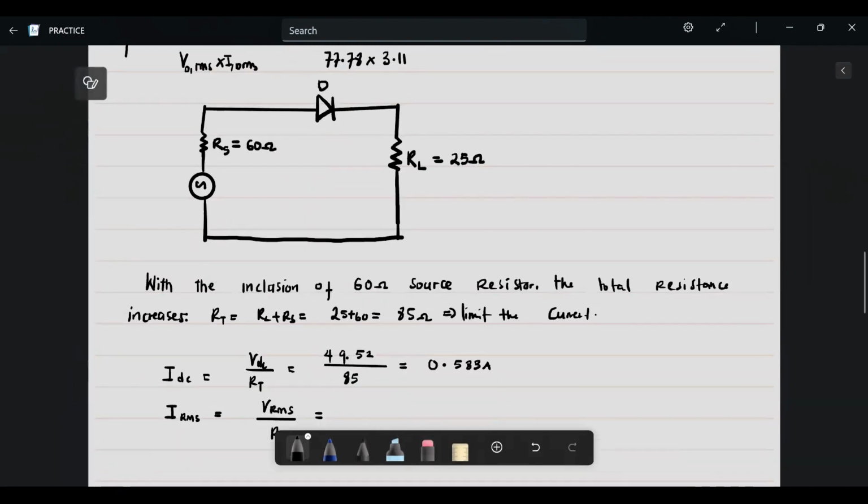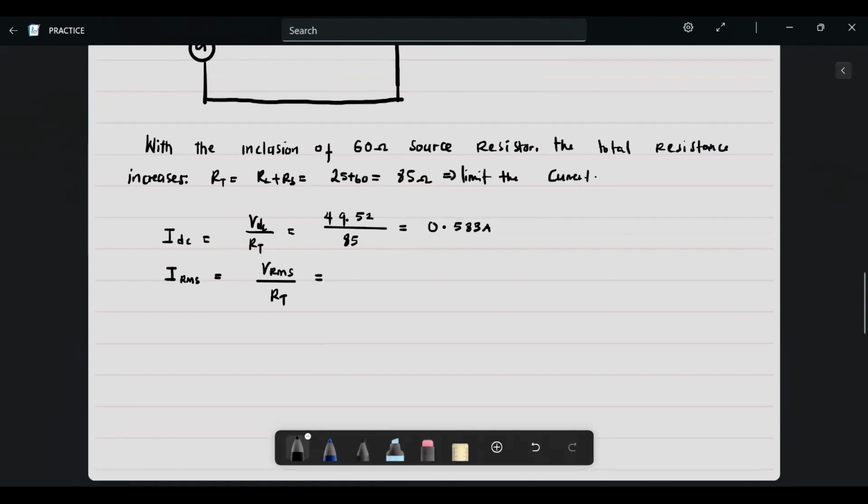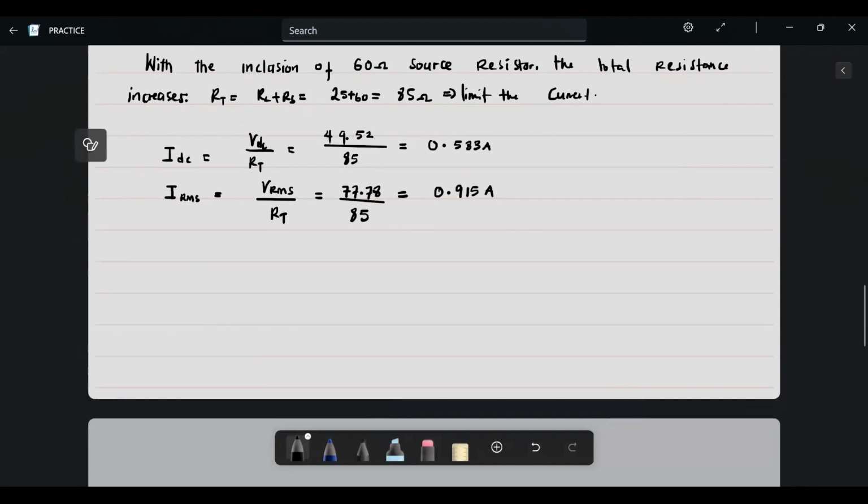The VRMS was 77.78, and then divide by R total, which is 85, right? Okay, so 77.78 divided by 85, you have 0.915 amps. So this is the RMS current.